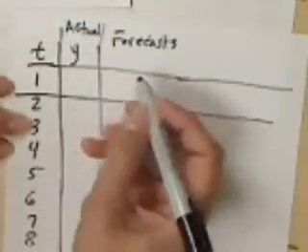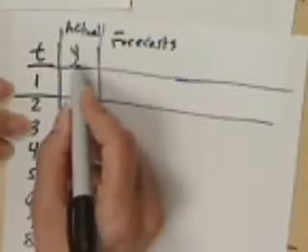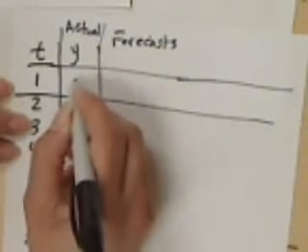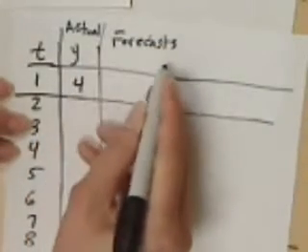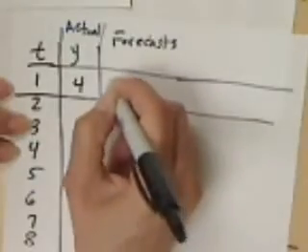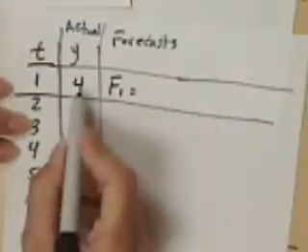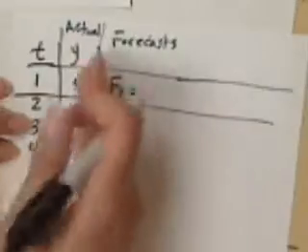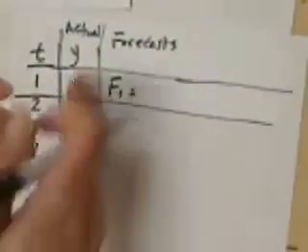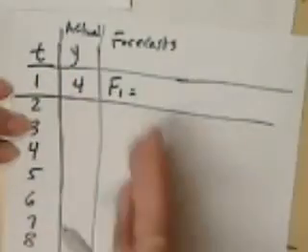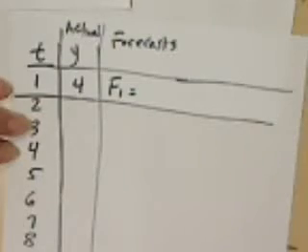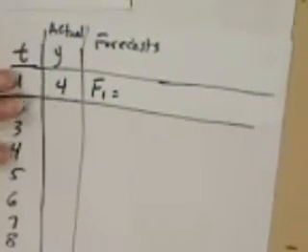Now, how would I make a forecast using this model from past data? My actual for time period 1 was 4. My forecast to be made is my forecast for time period 1. If I were to use this model to go back and make forecasts of our past data so that I can come up with measures of accuracy, this is the method I would use.